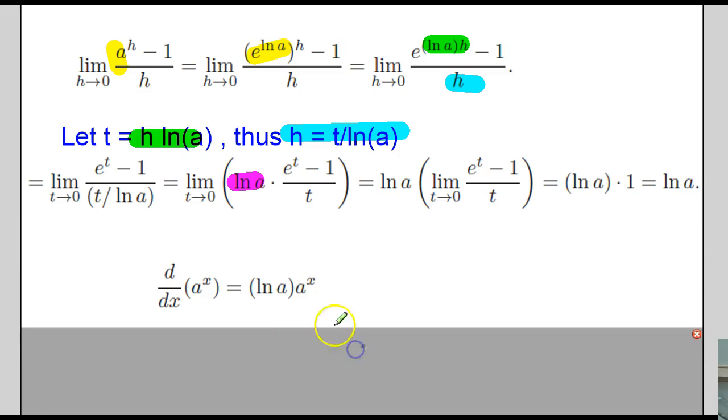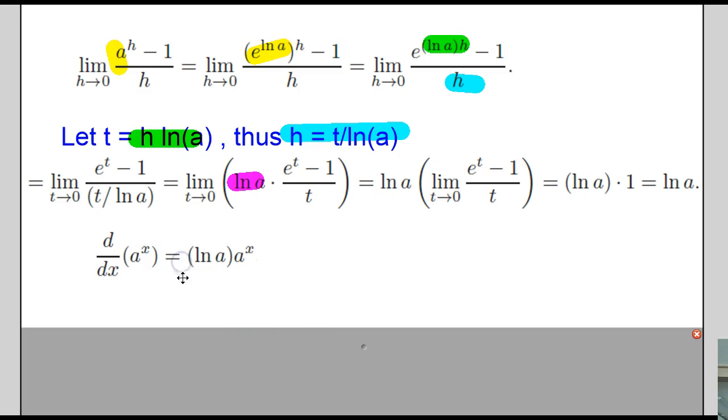So instead of saying some constant k times a^x is the derivative of a^x, now we have a more specific way of determining it: it is just ln a times a^x. Which makes sense, because when a is e, the natural log of e is equal to 1.